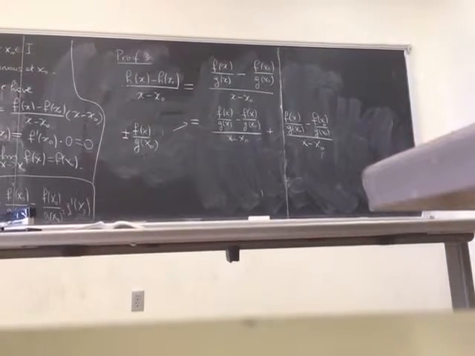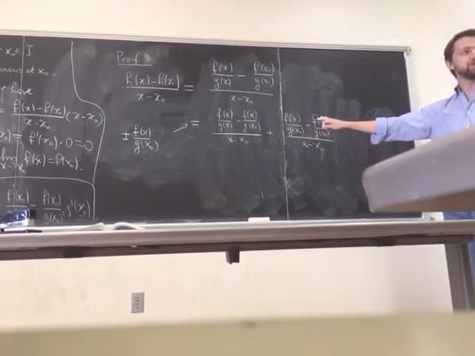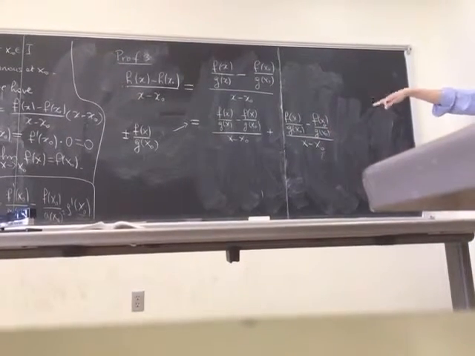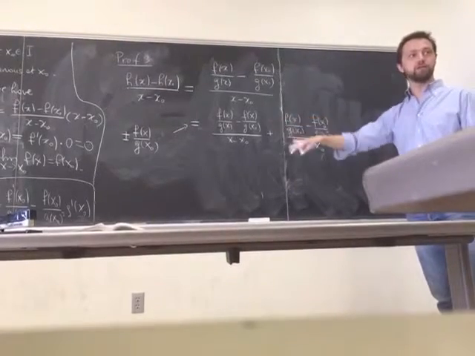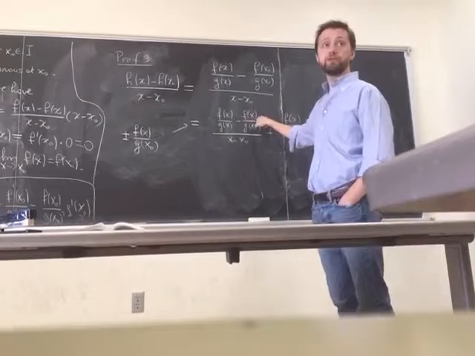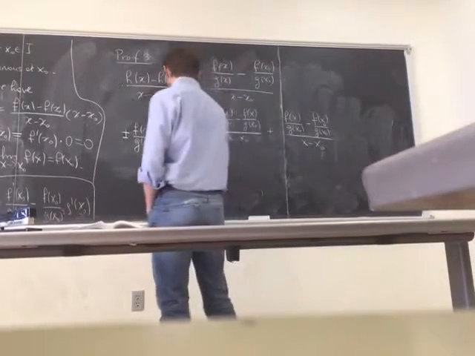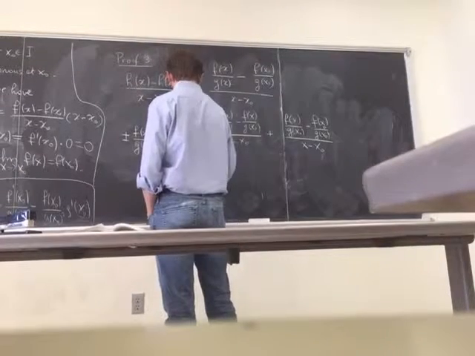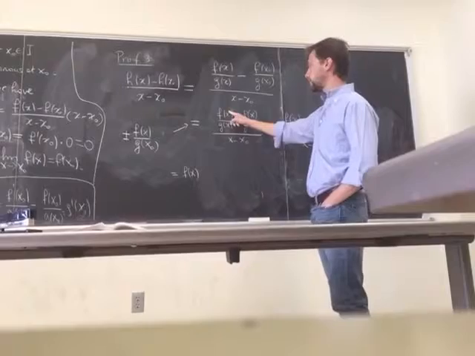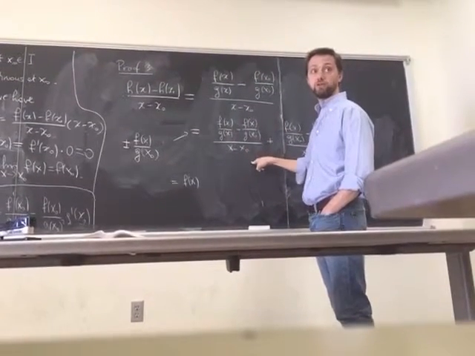Now it's just a bit of algebra. Is it confusing? Okay. So let's do a little bit of algebra here to clean it up. The first factor is an f of x, which is everywhere, right? So this will factor out. So the first term will look like f of x, and now this f of x multiplies 1 over g of x minus 1 over g of x naught, divided by x minus x naught.